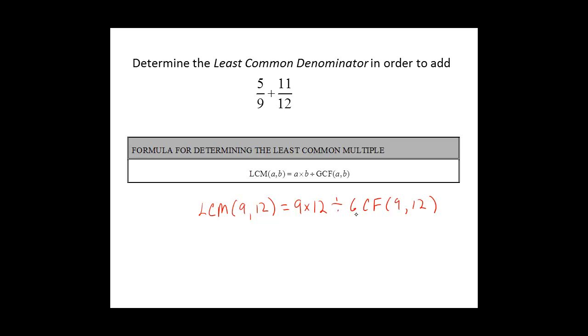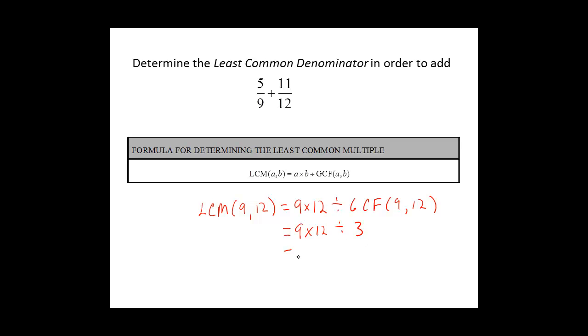To determine the GCF, the greatest common factor of 9 and 12, we ask, what divides both 9 and 12? 3 divides 9 and 12. 3 is the greatest number that divides both of them. So our greatest common factor is equal to 3.